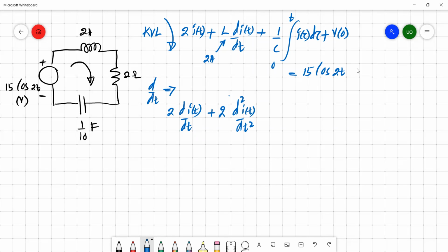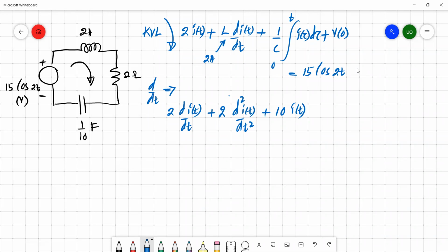Then we have an integral term with 1/C, which becomes 10.